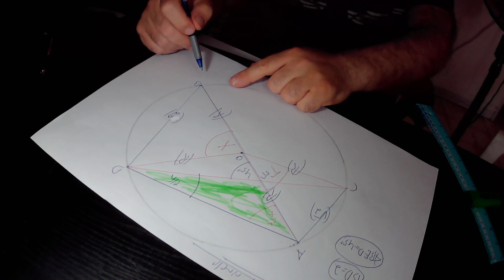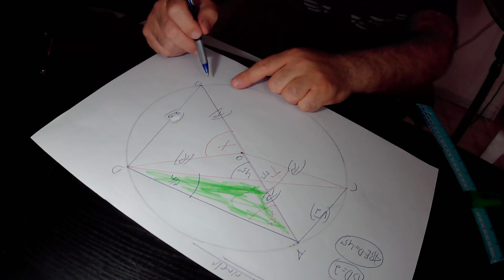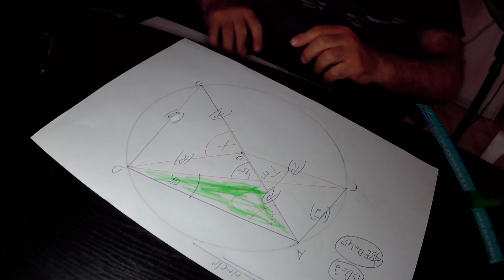So in the next step, I'll copy this triangle BOD in a new page, and we'll implement the law of cosines in this triangle BOD.